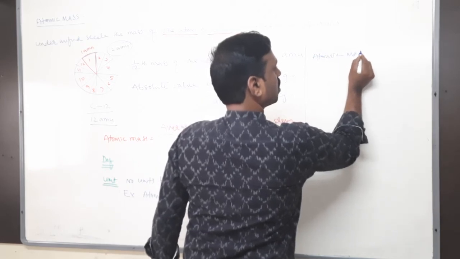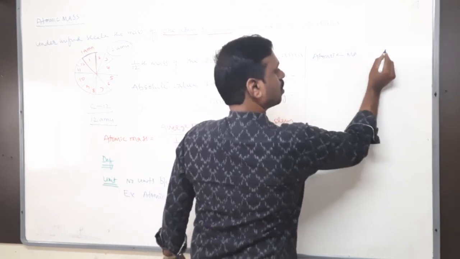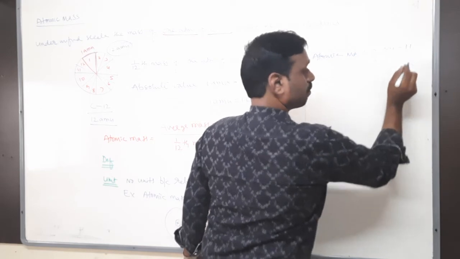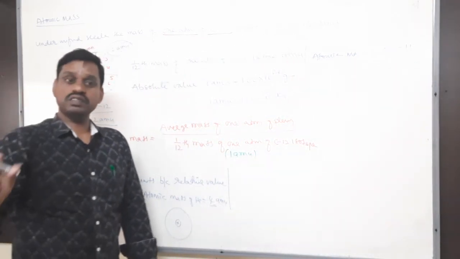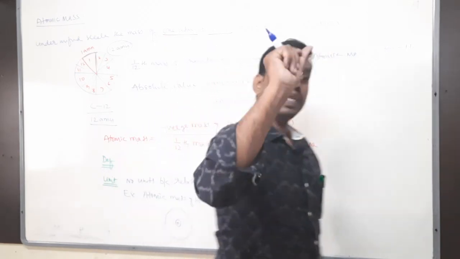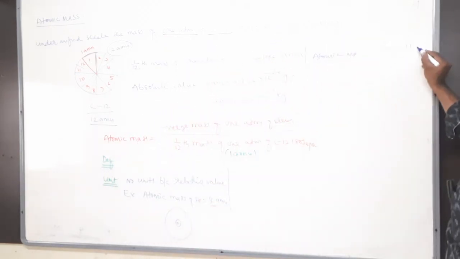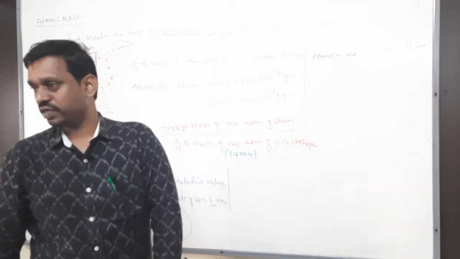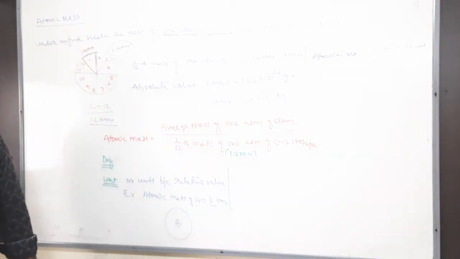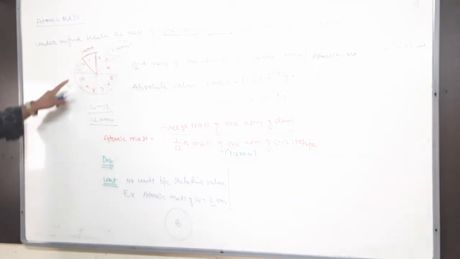Oxygen is 16. What is the meaning of 16? The oxygen atom is 16 times heavier than 1 AMU. That is what it is, right? 16 AMU. So therefore, atomic masses do not have any units. It is a comparison value or relative value. They are compared with 1 AMU.